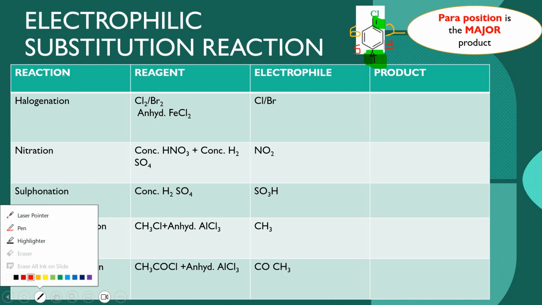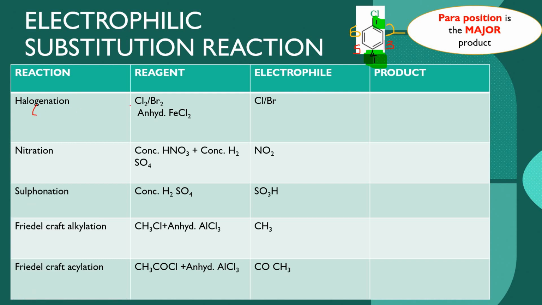If we are talking about halogenation, halogenation means either the chloro or the bromo group. So Cl2 or Br2 in the presence of anhydrous FeCl3. What is the electrophile here? Either Cl or Br.